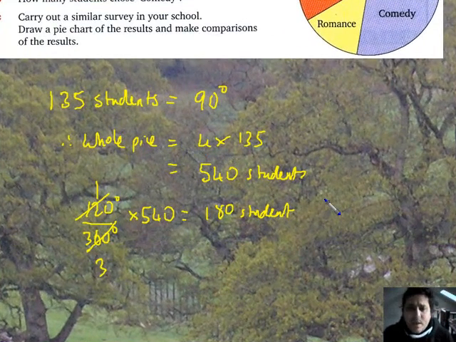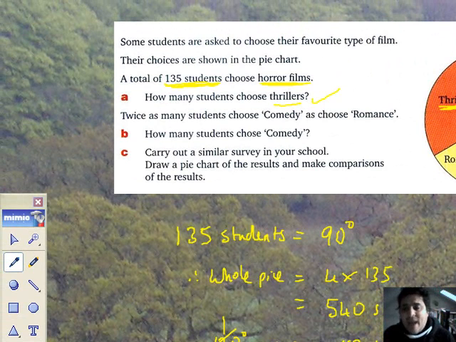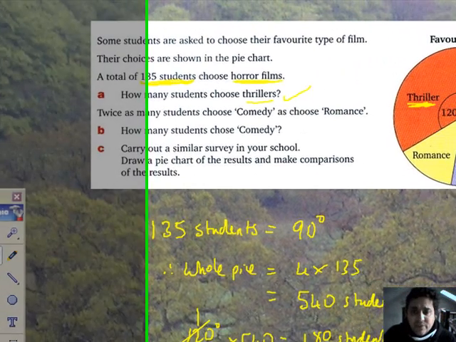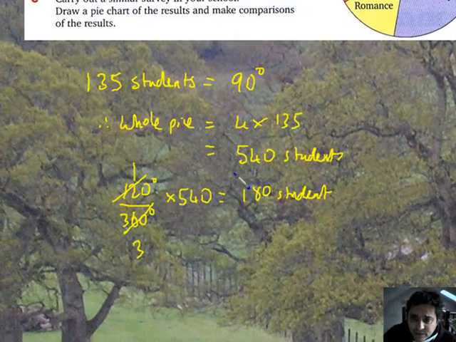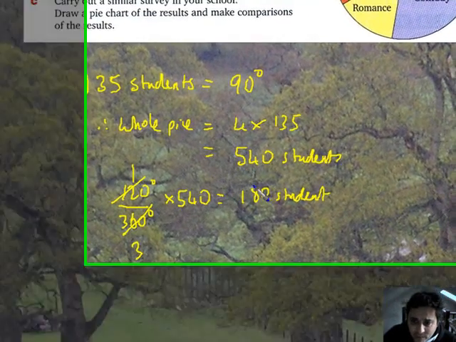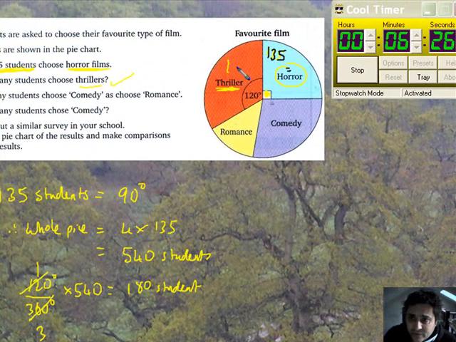Now, it says here twice as many students chose comedy as romance. Great. How many students chose comedy? Don't know yet. I know I've got 135 in there. If I put in my 180 students here for the thriller, I'm building up the numbers. Is that alright? So I've got 180 who like thrillers.